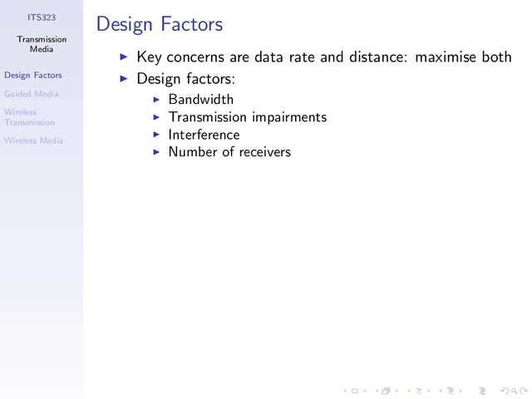What impacts upon the data rate and the distance? Bandwidth, we know. We've seen that there is a relationship between bandwidth and data rate. Transmission impairments, again, we saw as the noise increases, the data rate goes down. Noise is a transmission impairment. Another one is attenuation. Our signal, when we transmit it, gets weaker over distance.